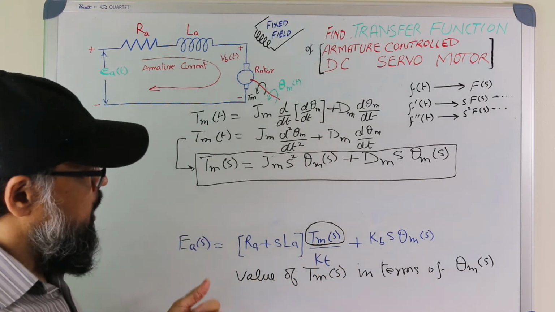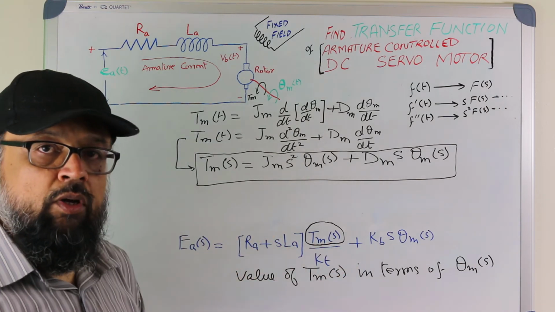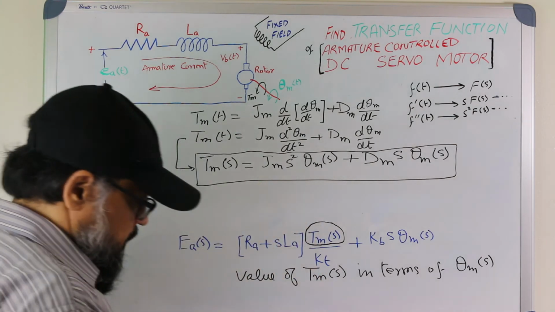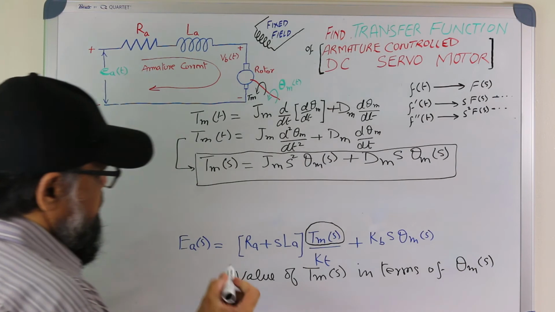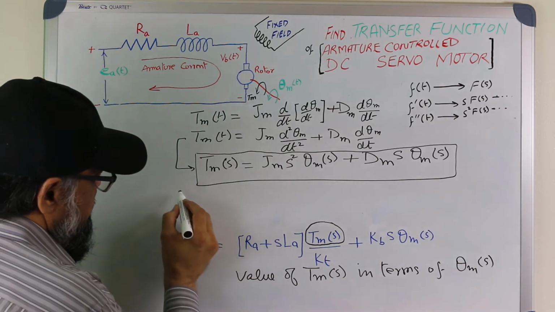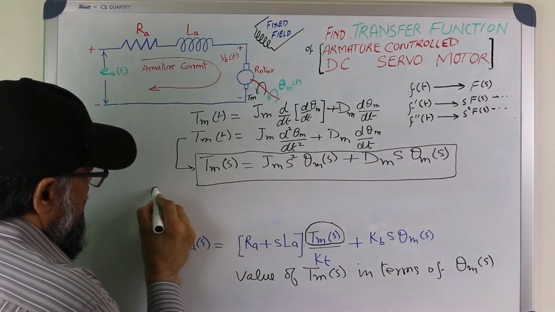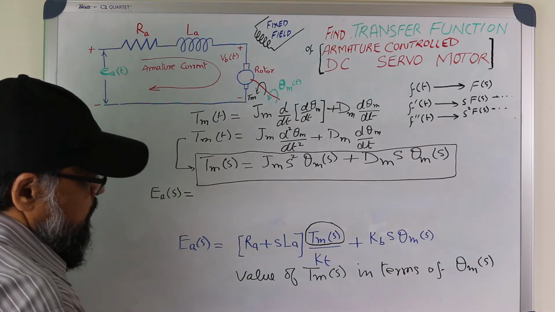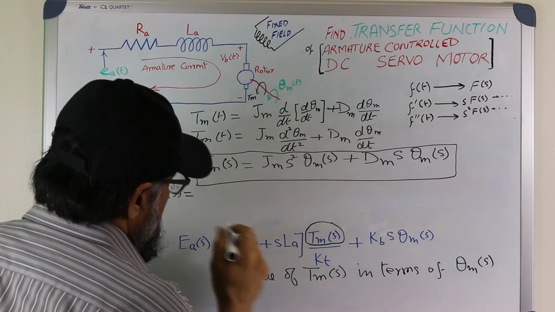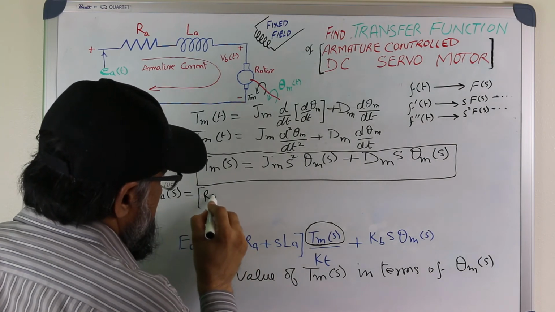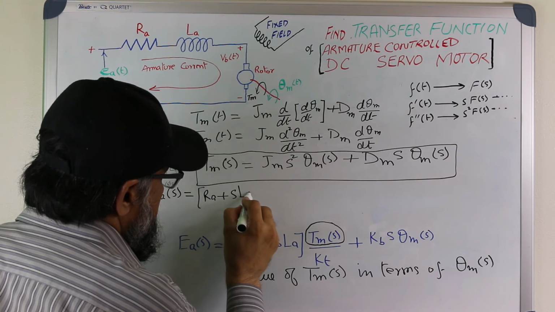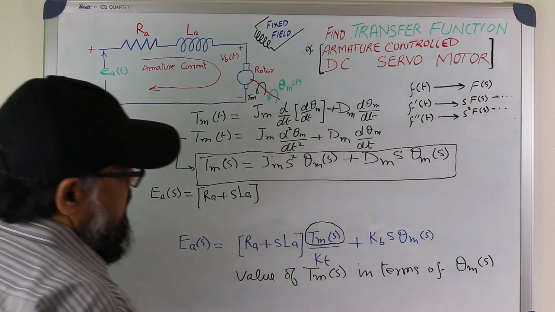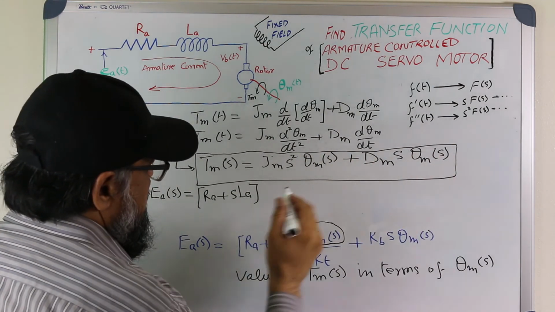The rest is only you have to put this value here. So I will put this value in, and then you can simplify, but what you have to do is: EAS equals RA plus SLA multiplied by, instead of this, we can write this whole equation.